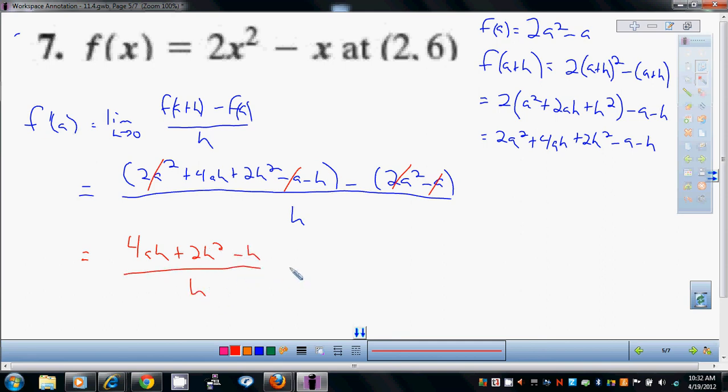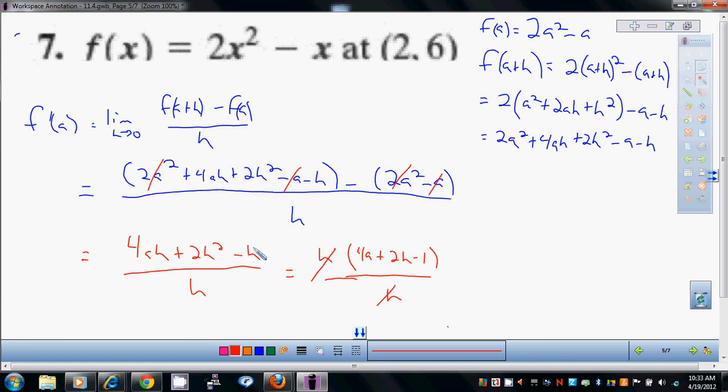What factors out of the top? If you do it correctly, the h's should cancel. Here's the thing. If people just take the h out, here are the most common mistakes I see. People cancel this and they think it's just gone, but there's a 1 there.